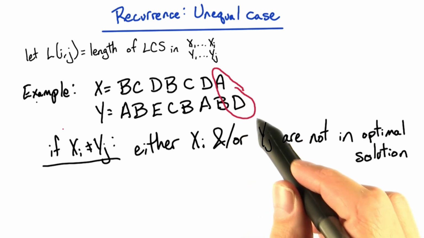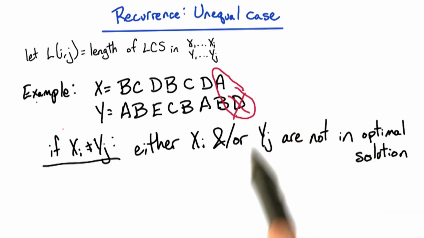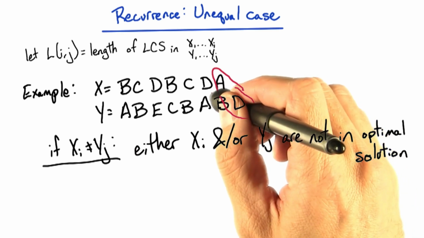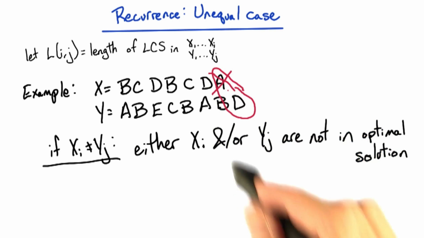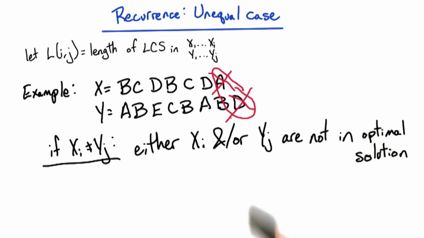Either this character is not included in the final solution, or this character is not included, or both of these final characters are not included in the optimal solution. So there are three cases to consider. Either the last character of x is not used in the optimal solution, the last character of y is not used, or the last character of both is not used.